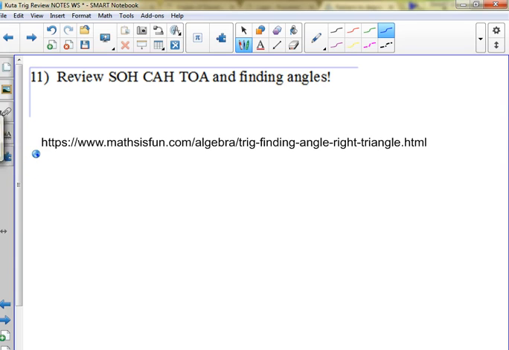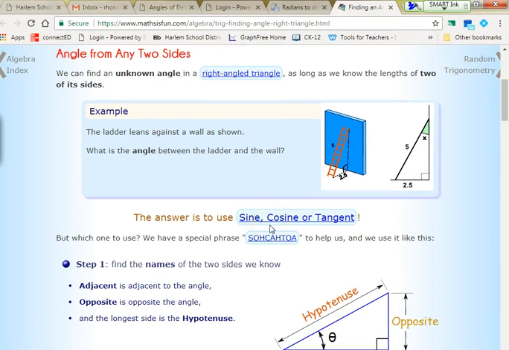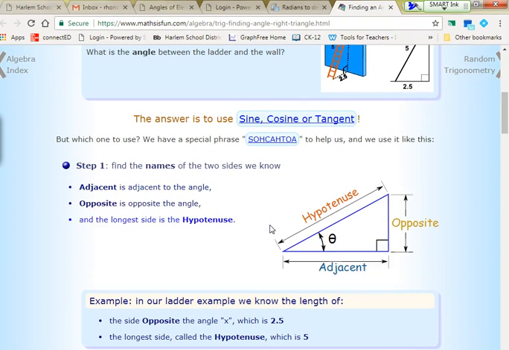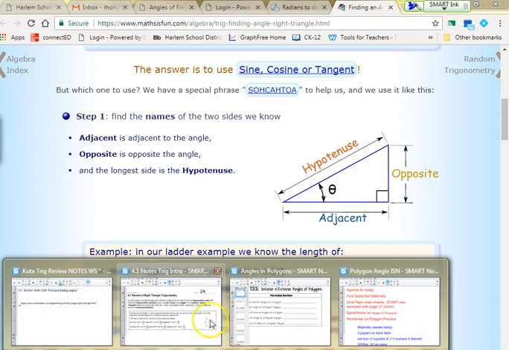All right, guys. SOHCAHTOA. Then you get the unit circle. All right, guys. Remember this SOHCAHTOA stuff? Opposite, adjacent, hypotenuse. You always have to start from a certain acute angle.